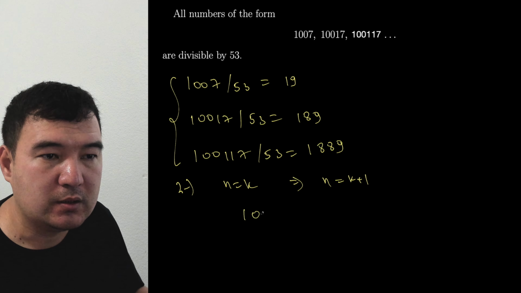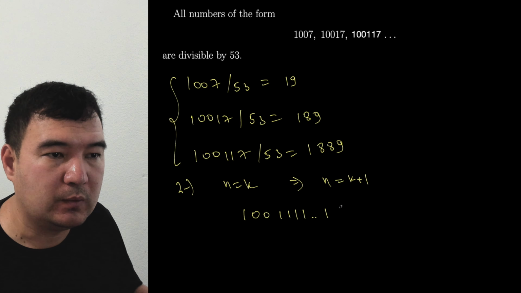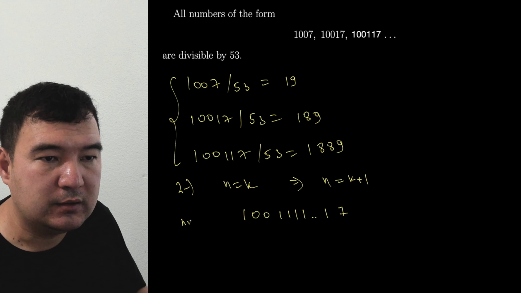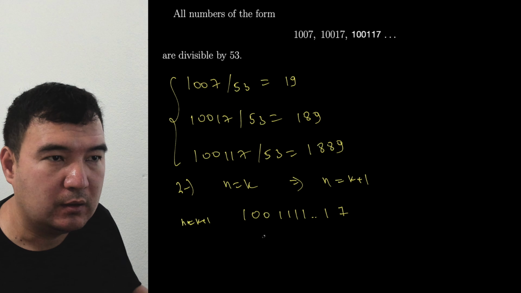So imagine this number: you have an arbitrary number of ones, then 7. This is for n equals k plus 1, so you have k plus 1 ones here. And then imagine the previous number.